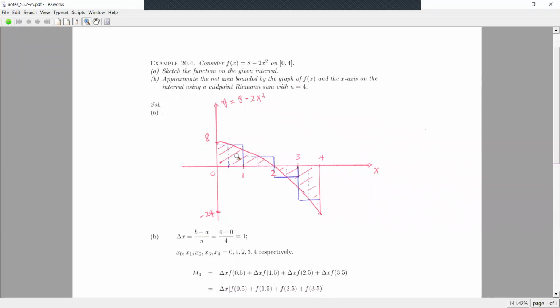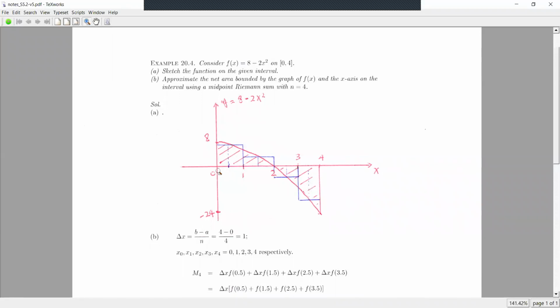The region between the parabola and the x-axis, between 0 and 4, is this shaded region. According to question B, we need to use 4 rectangles to approximate the net area of this shaded region.